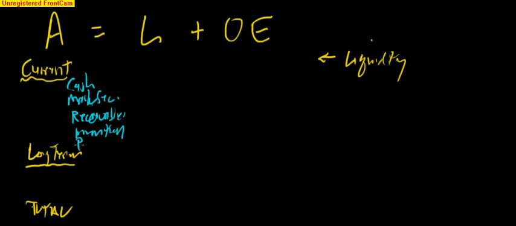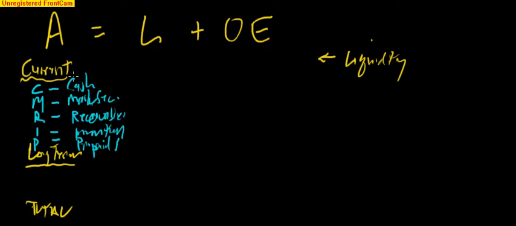Then you'll see prepaids. Now, here's how I learned this. CMRIP: cash, marketable securities, receivables, inventory, prepaid. So there's a method to the madness.